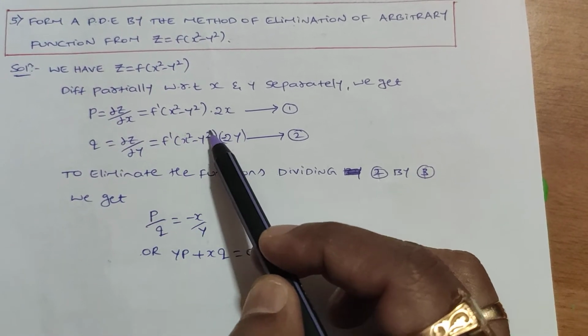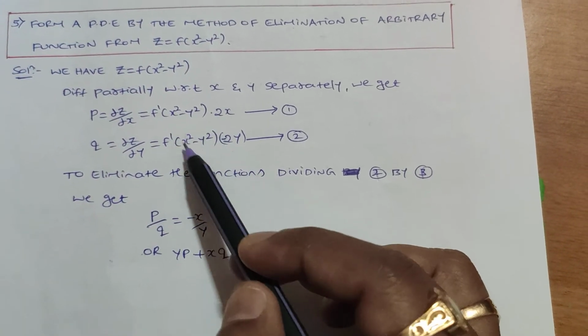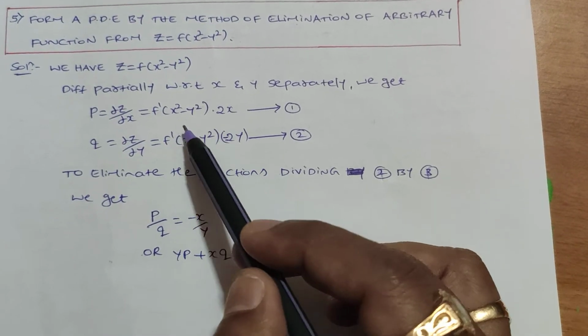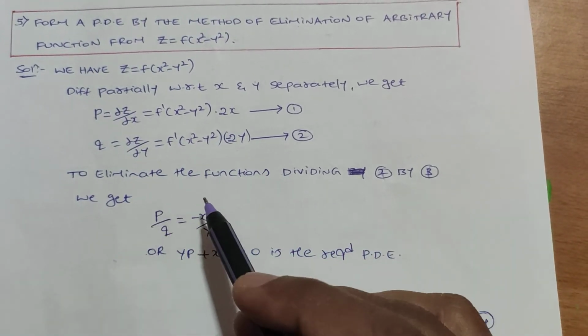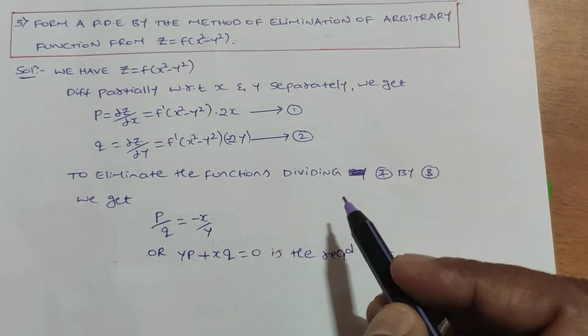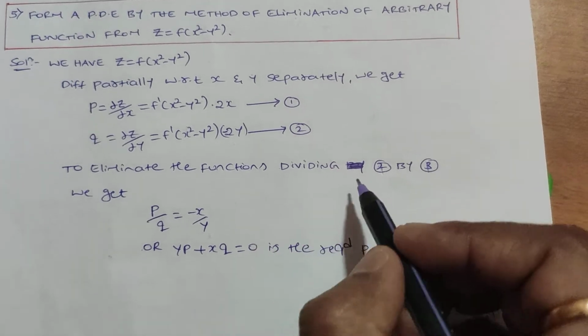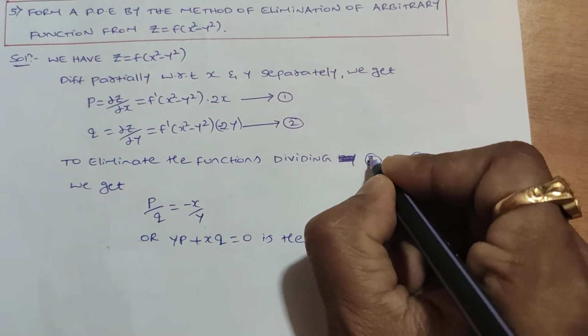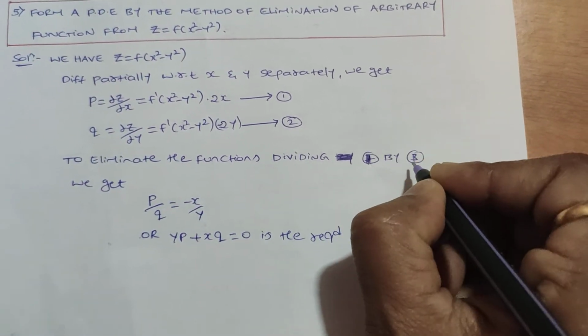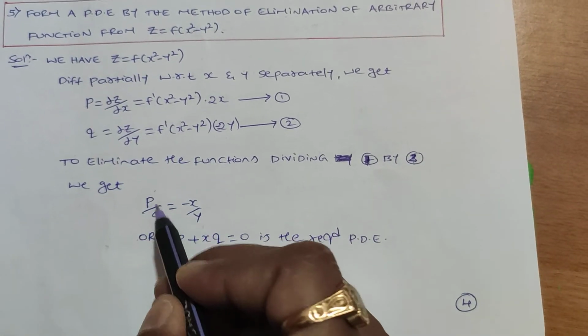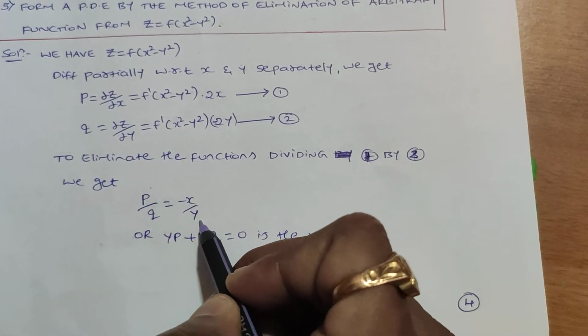Observe the two equations. The question is to eliminate the arbitrary function here. For that, dividing equation 1 by 2, we get p by q, which equals minus x divided by y.